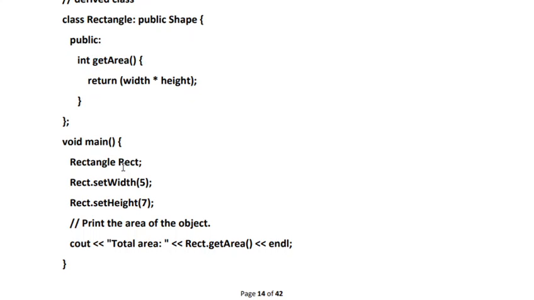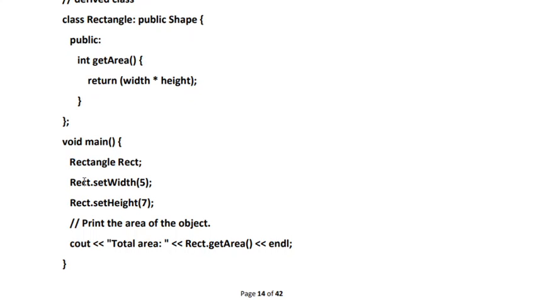Now I've declared an object rect of the class Rectangle, where Rectangle is derived from Shape. So altogether rect has five properties. Two are data members, width and height, and three are member functions, setWidth, setHeight, and getArea.